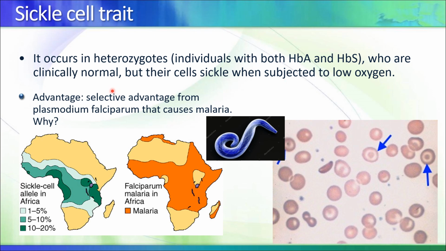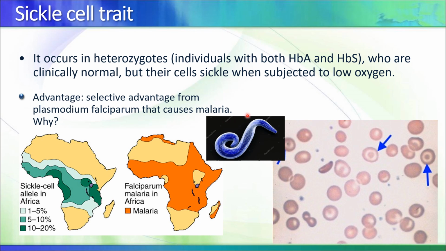Now, the advantage is that individuals who are heterozygotes, who have a sickle cell trait, become resistant to infection by malaria. One reason is that you have a lower half-life of red blood cells, about 40 days or even less than that.